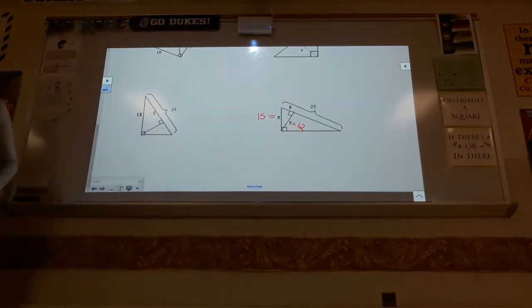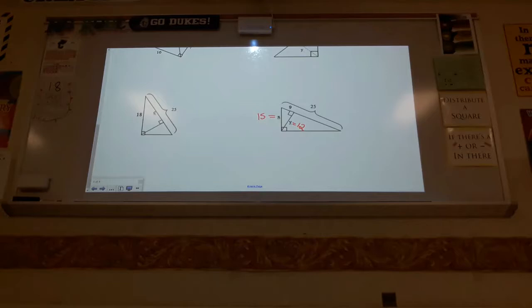You guys should hopefully get 15 for x and 12 for y. Yes? Yeah, I have solved for 1 here. Go ahead and try and see if you get 12. Like exactly 12? Exactly 12.